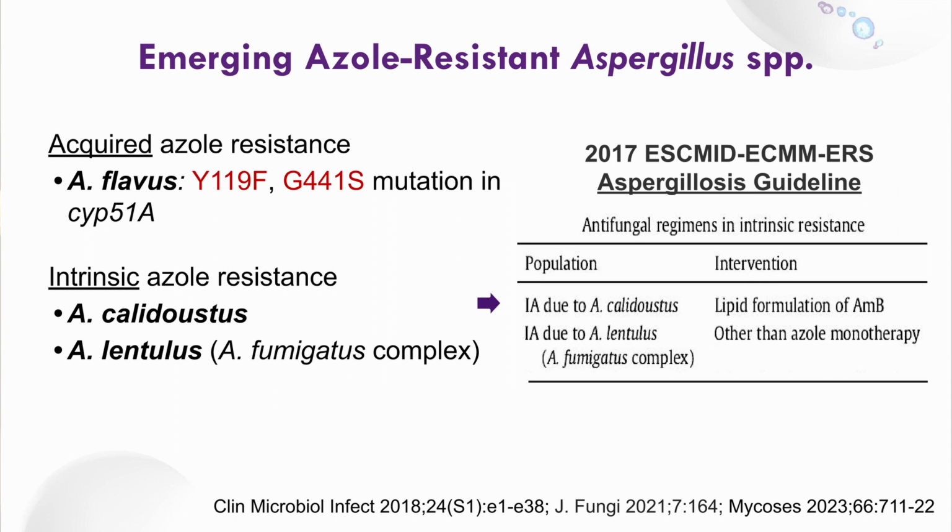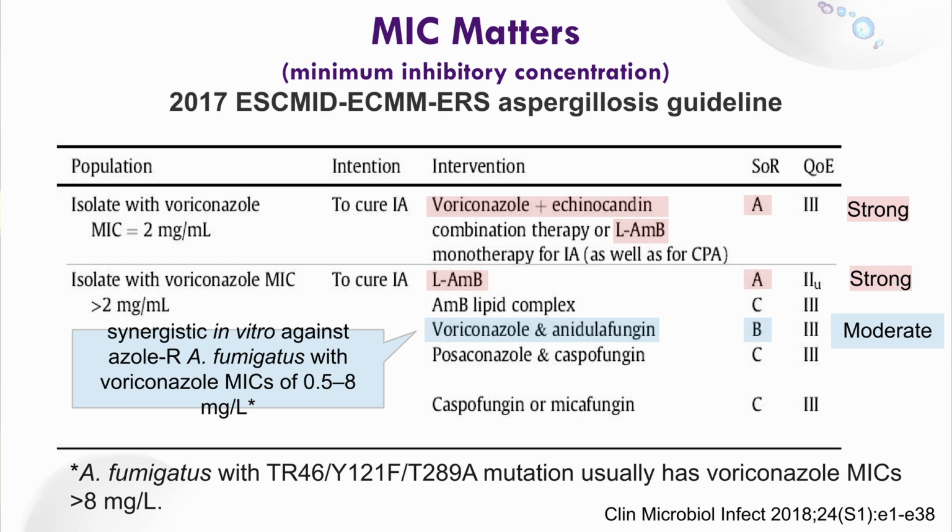About intrinsic azole resistance, the European ECMM Aspergillus guideline pointed out that Aspergillus calidus and Aspergillus lentulus, which belong to the Aspergillus fumigatus complex, are intrinsically resistant to azoles. Therefore, azole monotherapy is not recommended for treatment of IA due to Aspergillus calidus or Aspergillus lentulus. And the MIC value of azoles is also informative for treating azole-resistant aspergillosis.